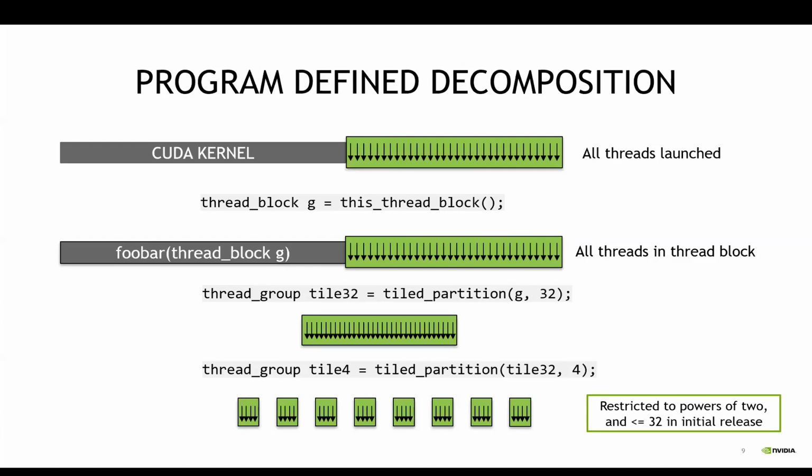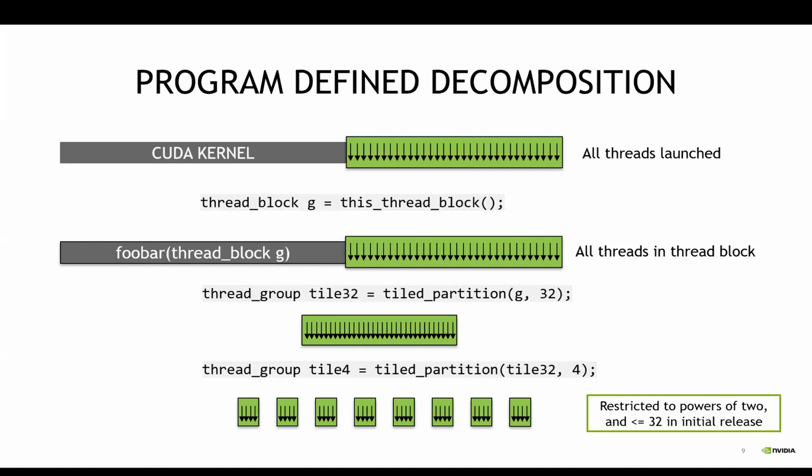They can be defined at runtime or modified at runtime. They don't have to be known at compile time. They don't have to be known as constants. Okay? And that's part of what we mean by program defined. So these are groups that you can effectively create at runtime, and even the width of the tile, if we're doing a tiled partition, even the width of the tile can be declared or defined at runtime.